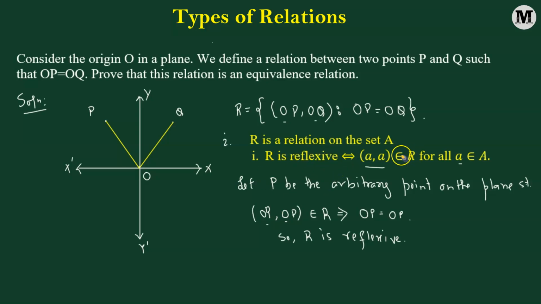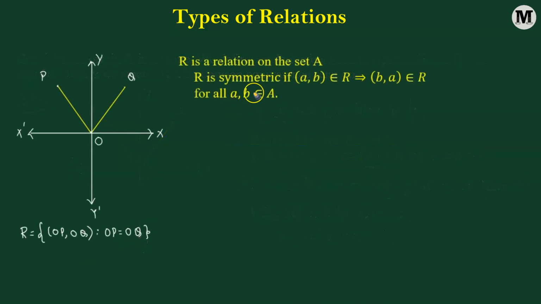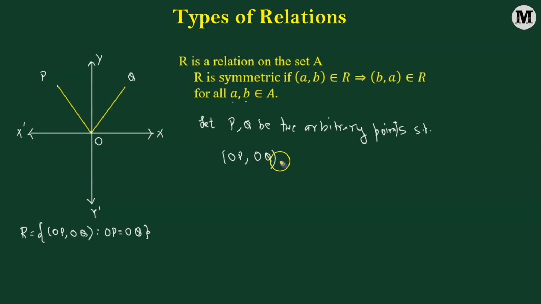We go to the next one, where we'll show that the given relation R is symmetric as well. To check for symmetry, we consider an ordered pair (a, b) belonging to the relation R. This would imply that (b, a) also belongs to R for all a and b belonging to the set A. In our case, let P and Q be 2 arbitrary points picked from the plane, such that the ordered pair (OP, OQ) belongs to the relation R. This simply means that OP equals OQ.